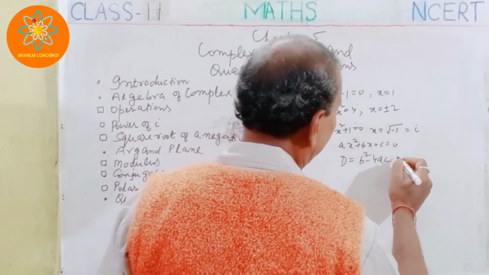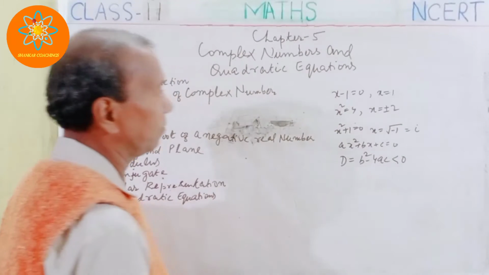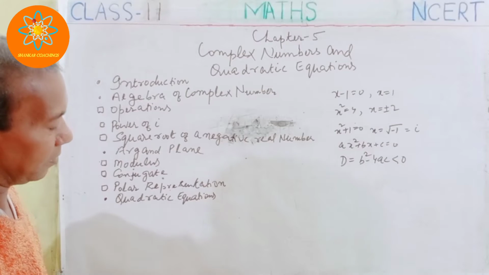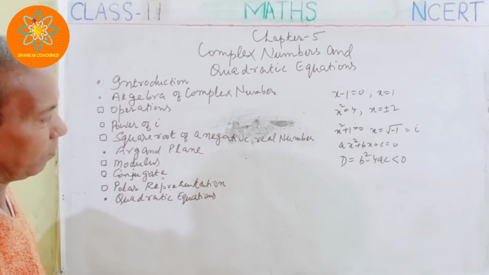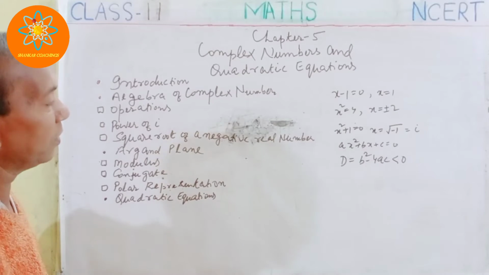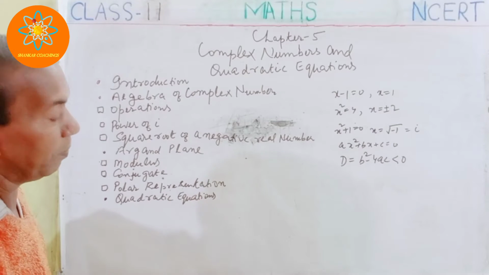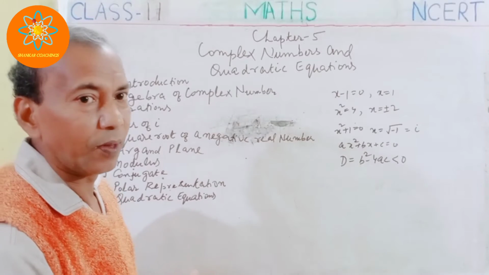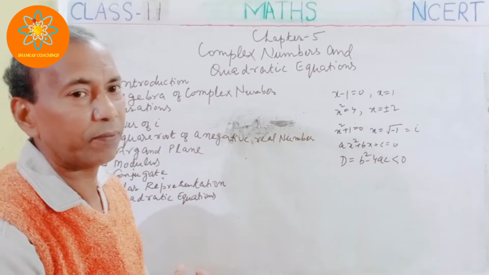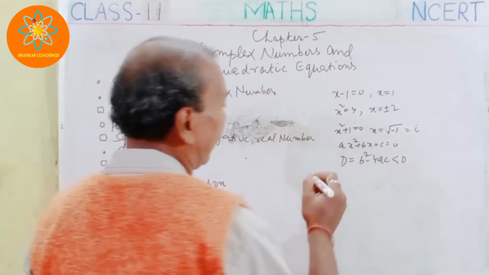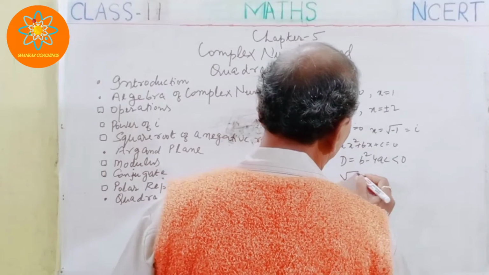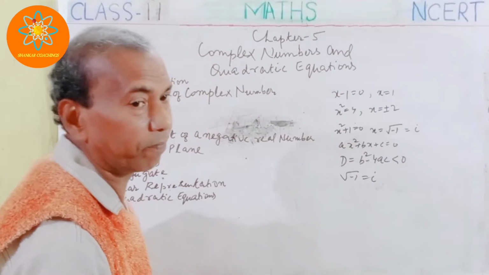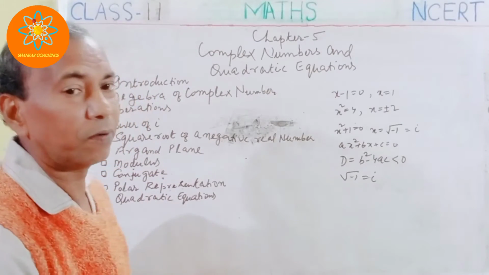And if that is less than 0, then the solution is not in the real number form. It is in the imaginary form. So we can say that under root of minus 1 we denote as i or iota. So this is the complex number.